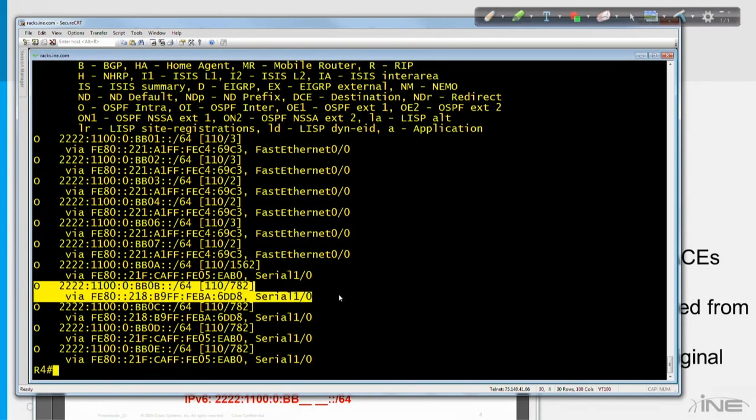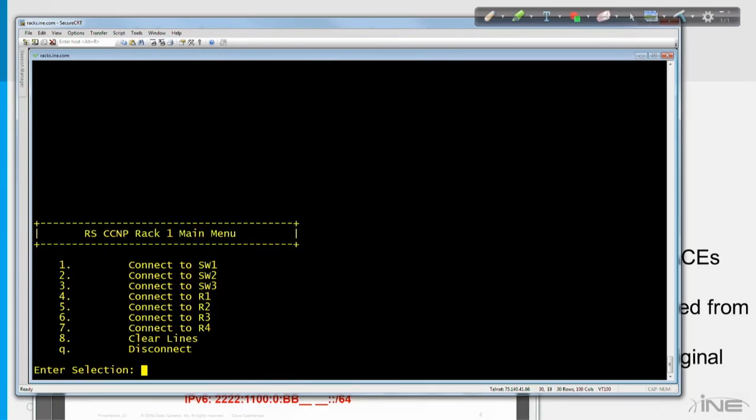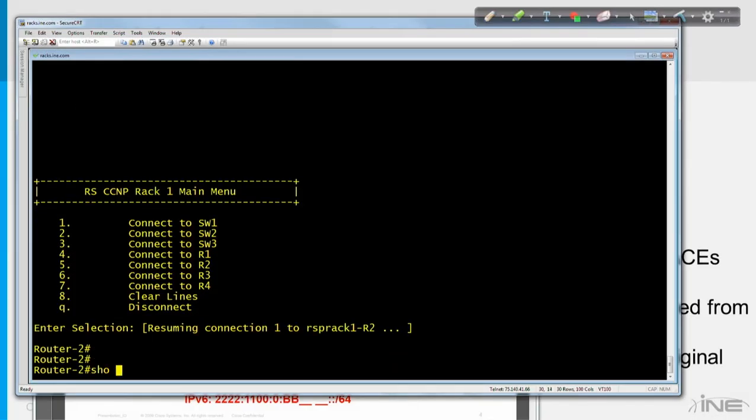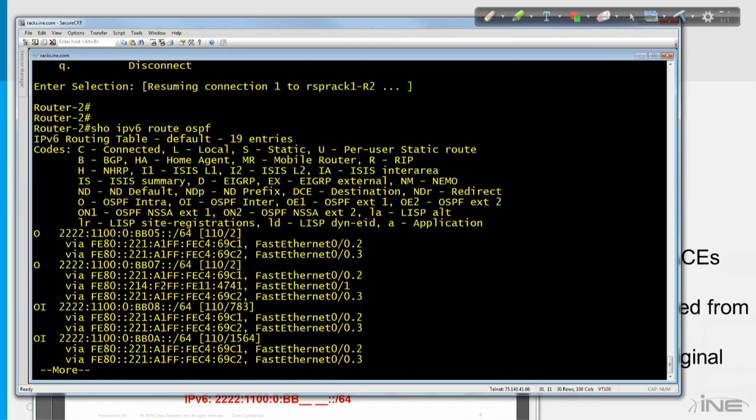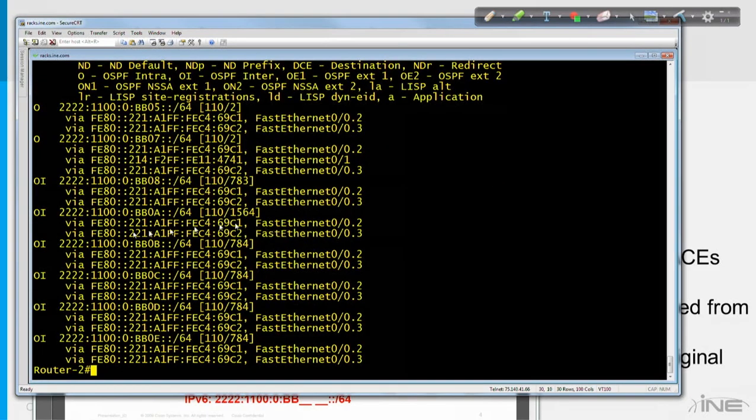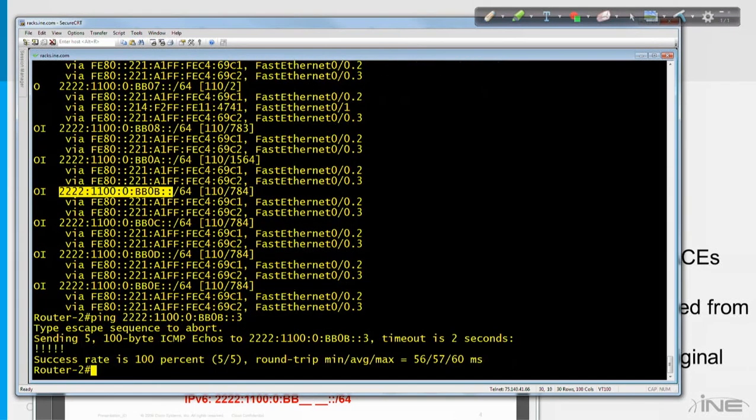There it is. Now let's see if he has communicated that to router 2. And he has. So now let's just see if router 2 can ping it. And he can.